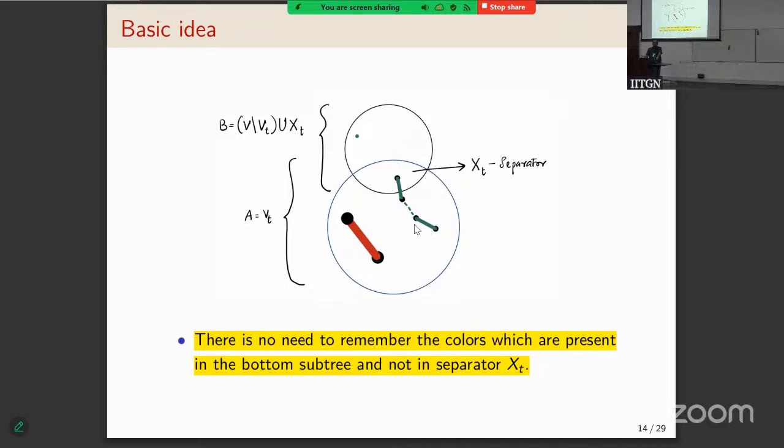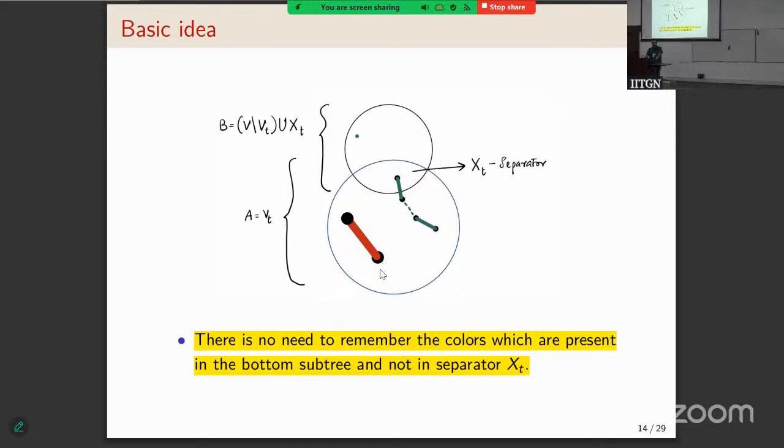Now consider the green edge. For this color to appear in the rest of the graph, my claim is that this color should appear on some edge incident on some vertex in X_t. If not, then it becomes the previous scenario. If it exists, then through the separator, this color can appear in the rest of the graph.